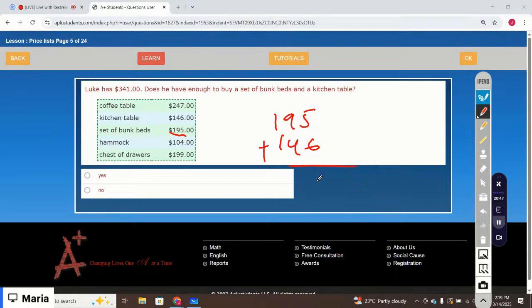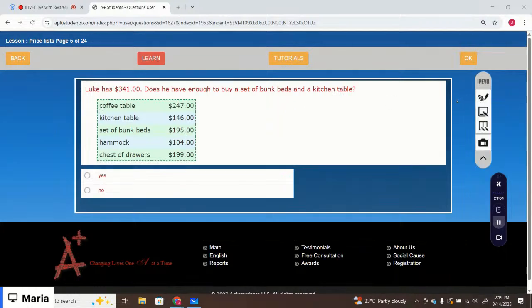So that is 5 and 6 makes 11, 1 and 1 carry. 9 and 1, 10 and 4, 14, 4 and 1 carry. 1, 2 and 3, that is $341. So that means yes, we have enough money. The correct option is yes, option number 1 is the correct option.